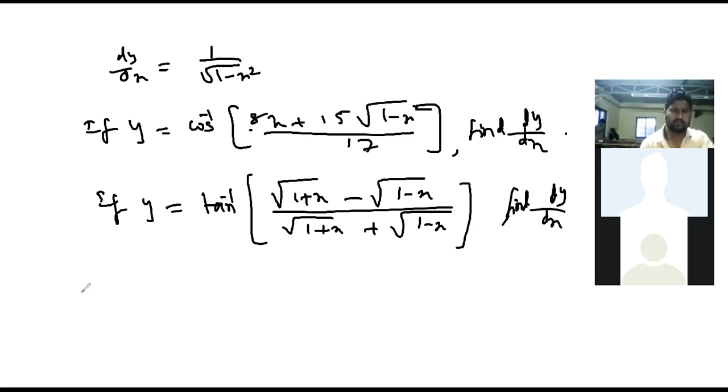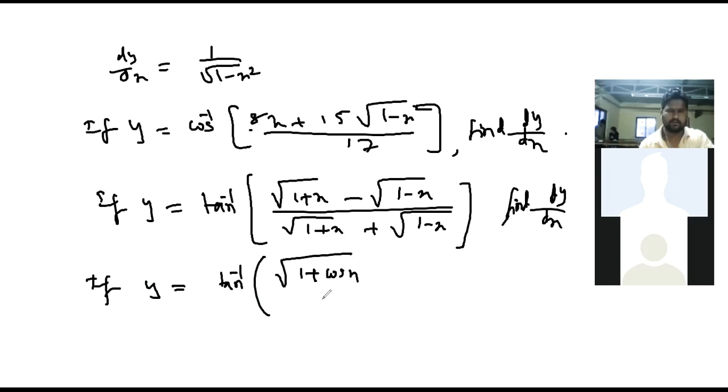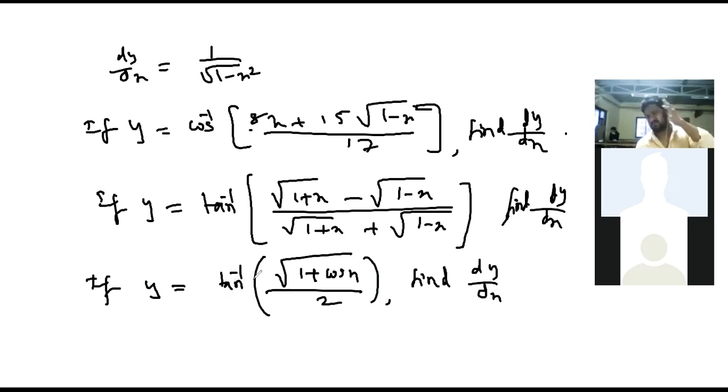One more, the third one: if y is equal to tan inverse of square root of (1 plus cos x) divided by 2, find dy by dx. You can try this at home.